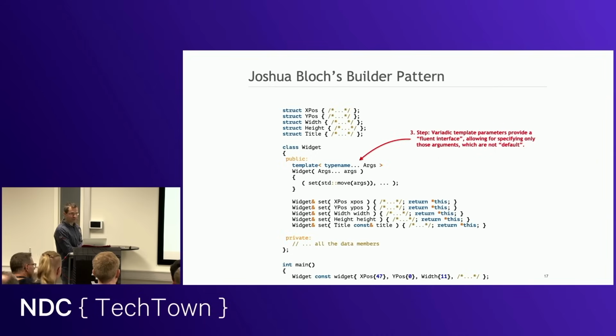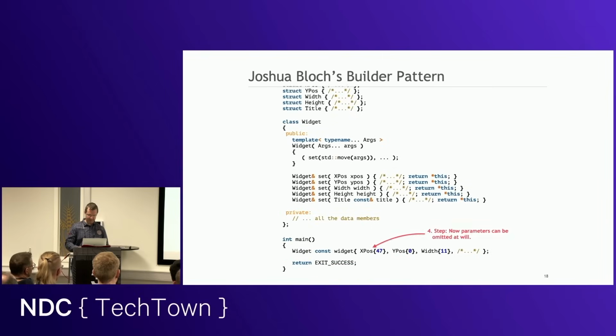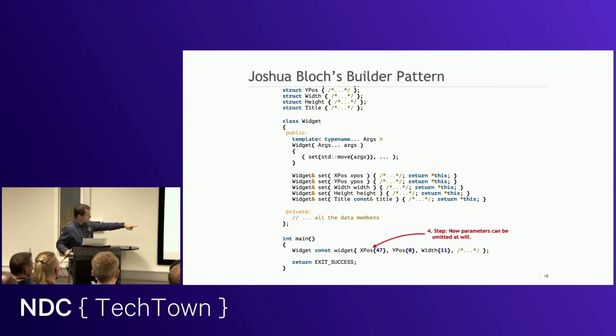This is nice. Super convenient on the one hand side, and it certainly enables us to provide an interface that pretty much cannot be misused. So in the main function, we can pretty much pass all the parameters, but suddenly we have the ability just to omit a few, the ones that we do not want to specify, the ones where we want to use a default. And also the order certainly doesn't matter.